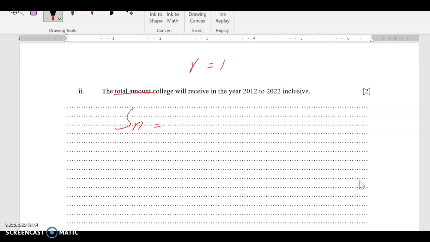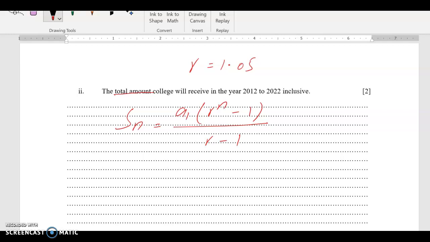Since we are given a ratio, which is 1.05, greater than 1, we should use a1 times r to the power n minus 1 over r minus 1.